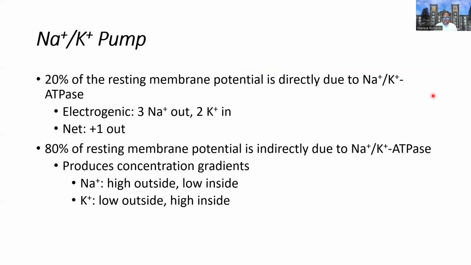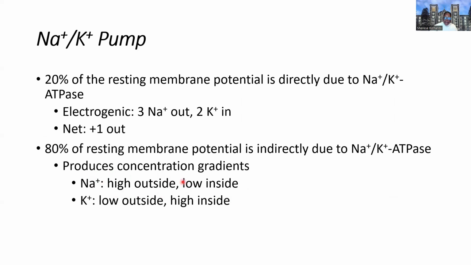Okay, we're still talking about how the sodium potassium pump is helpful in establishing the membrane potential. So 20% is directly owed to the sodium potassium pump because we're having a net loss of 1 charge. 80% of the resting membrane potential is indirectly owed, okay? Because we're creating concentration gradients. We are pumping sodium out, so now sodium is at a higher concentration outside the cell, right?